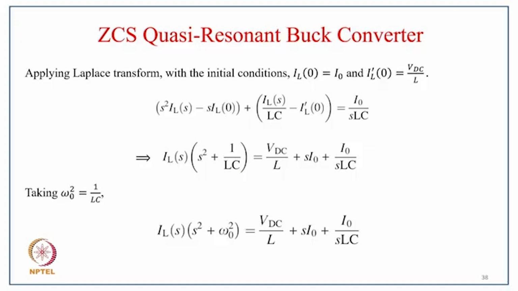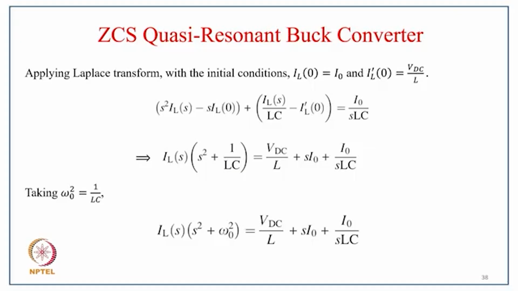So in brackets, S square IL(S) minus S IL(0) minus IL dash(0) plus IL(S) upon LC equal to I0 upon LC, and that makes IL(S) in brackets S square plus 1 upon LC equal to VDC upon L plus S I0 plus I0 upon SLC.